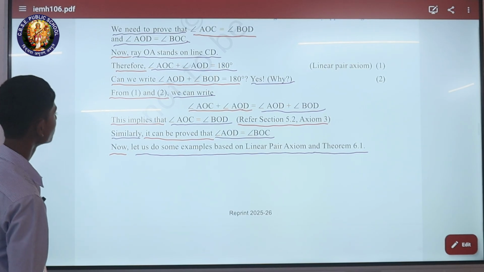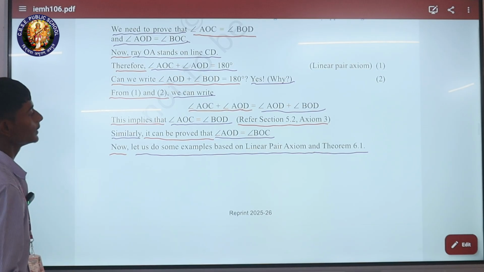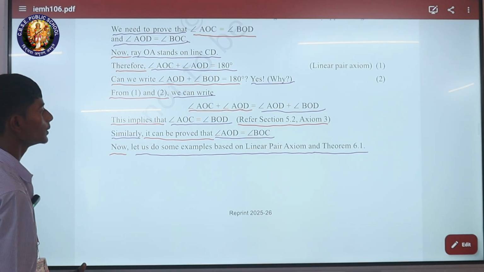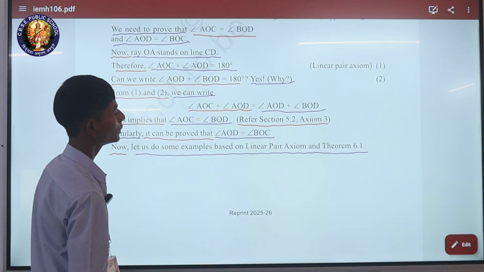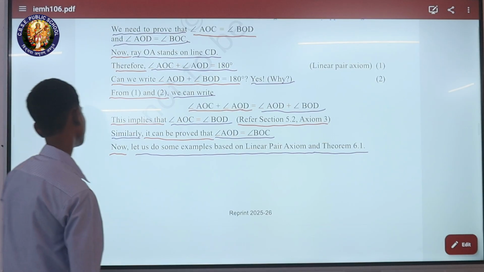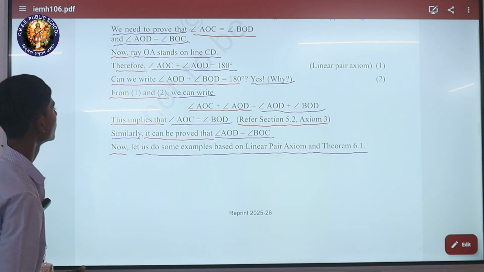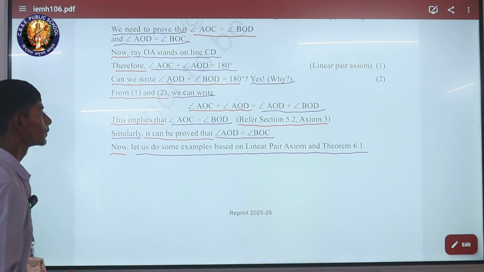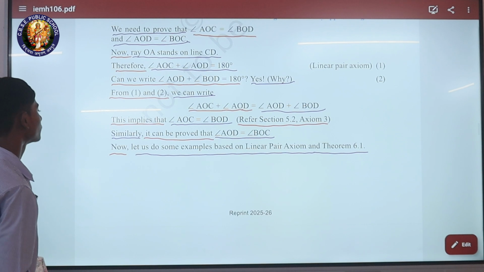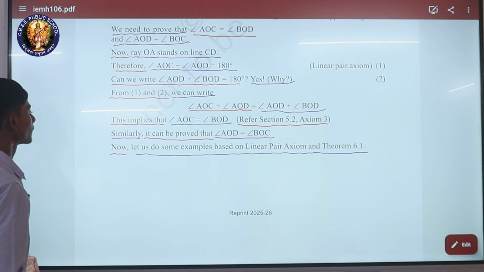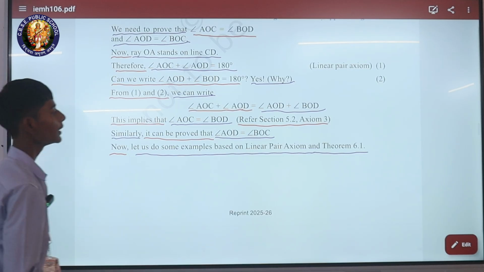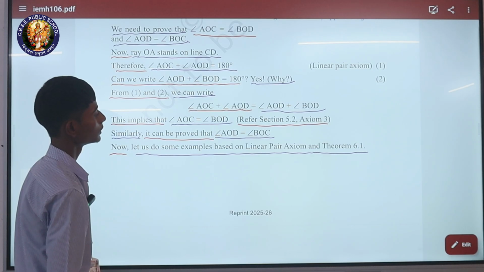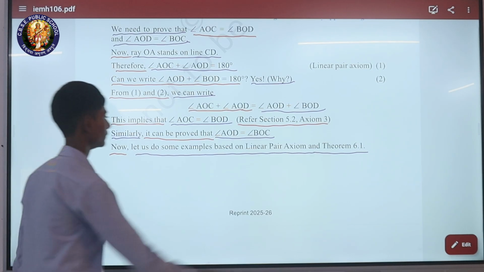This implies that angle AOC is equal to angle BOD. Refer to Section 5.2, Axiom 3. Similarly, it can be proved that angle AOD is equal to angle BOC. Now, let us do some examples based on the linear pair axiom and Theorem 6.1.